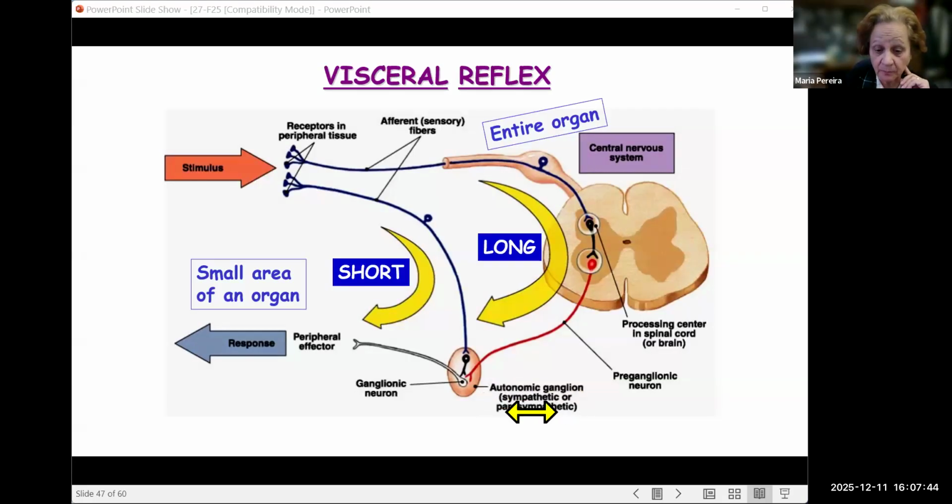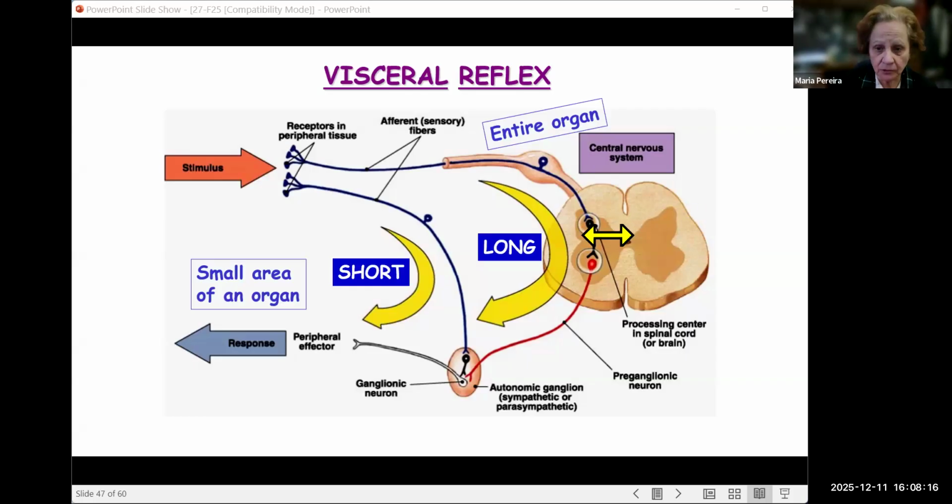These are the motor divisions of the ANS, the autonomic nervous system. Then the postganglionic brings the action potential to the effectors. In this case, effectors are smooth muscle, cardiac muscle, and glands. So this is the long version of this visceral reflex.